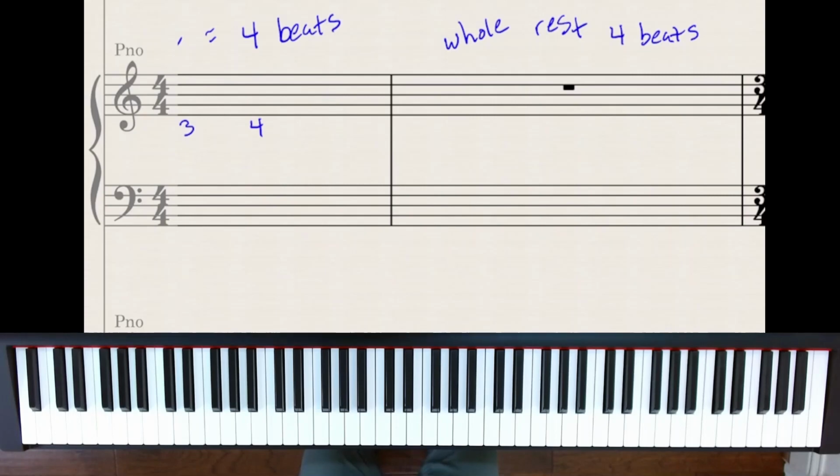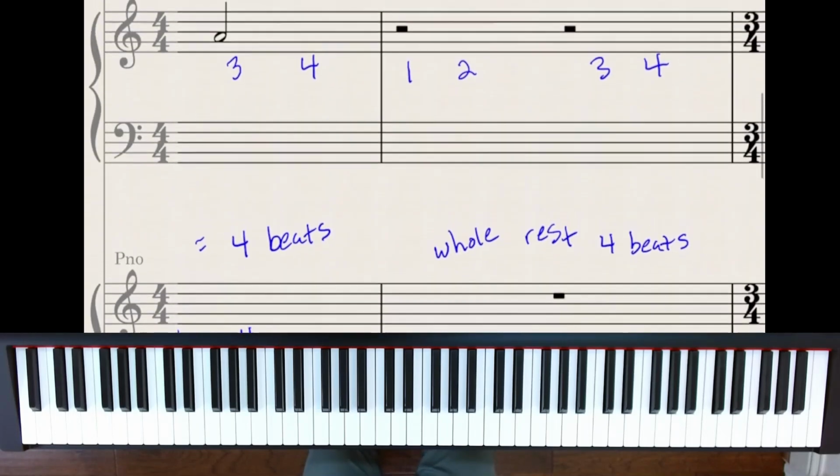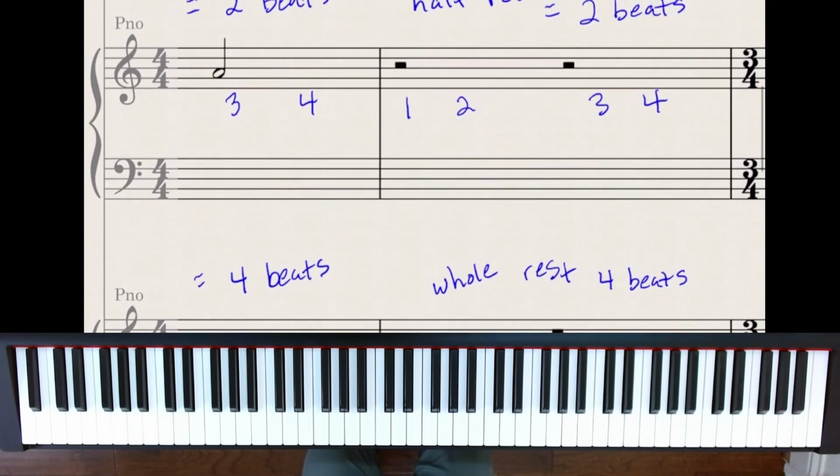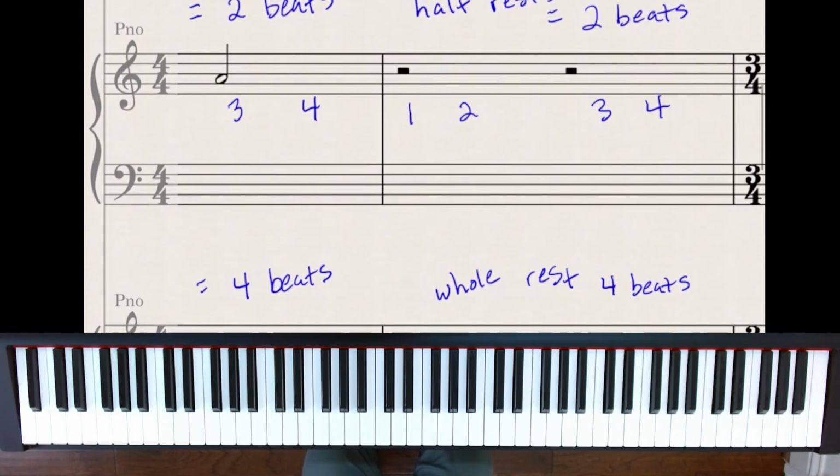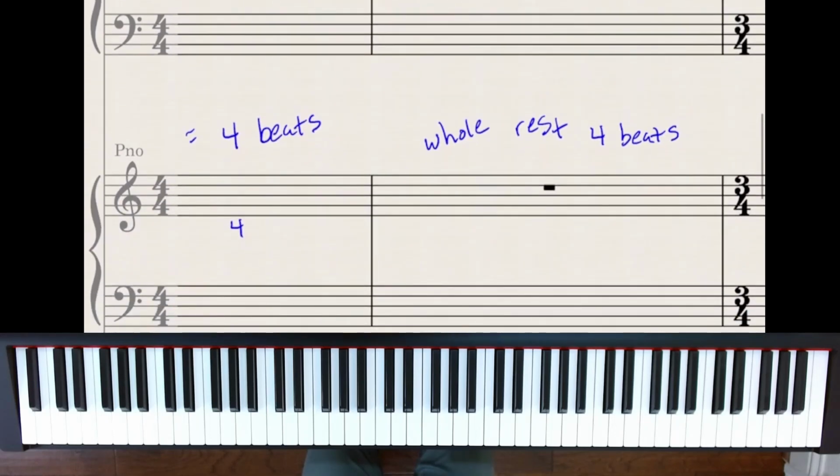Okay? So let's try not to get the half rest and the whole rest mixed up, okay? Because the half rest, I tell my students, it looks like a hat. Okay? That's the way they remember it. And then down here, it's actually below that line. So try not to get those confused.